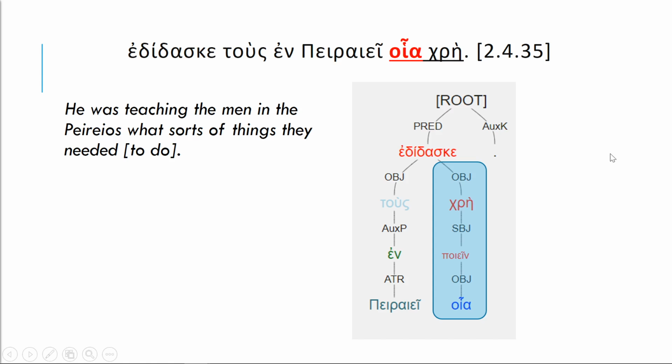So chrê takes a subject that's an infinitive. So "to do which things," accusative. It is necessary. Again, we've lost the antecedent, so there's no demonstrative to be an antecedent there. And so the verb stands as the object of teach.